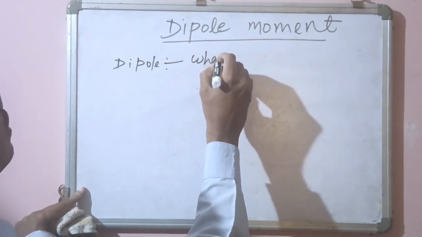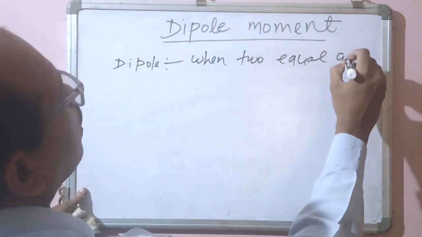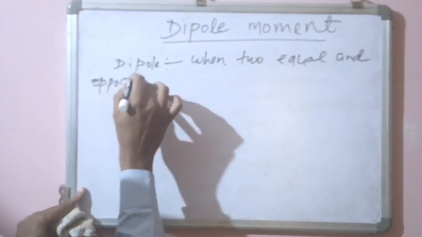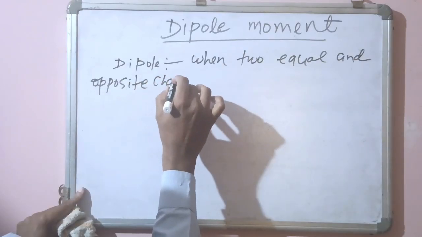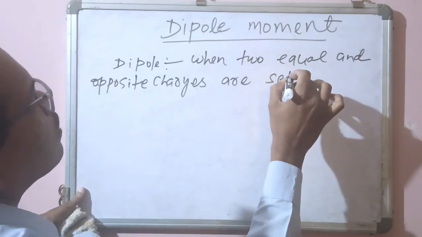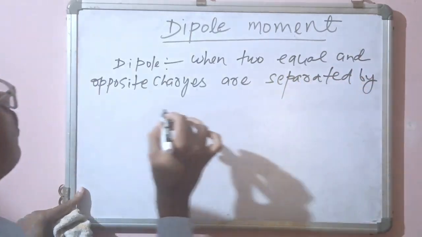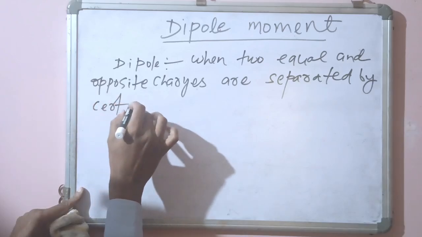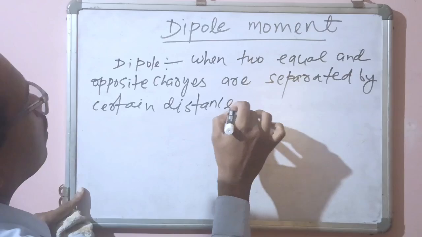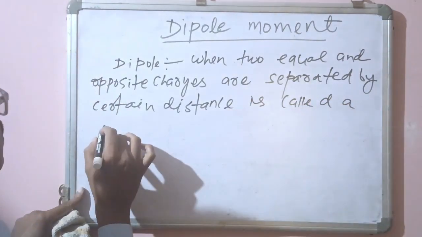When two equal and opposite charges are separated by a certain distance, it is called a dipole.